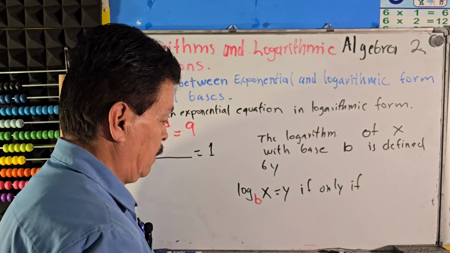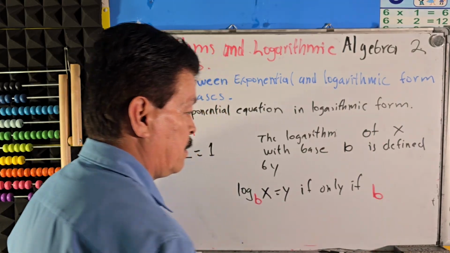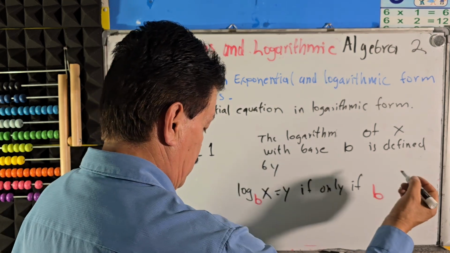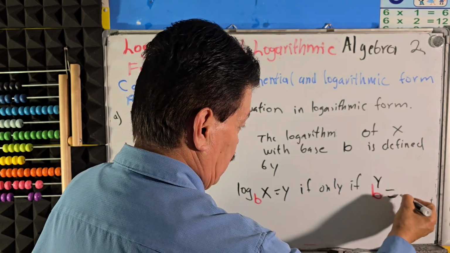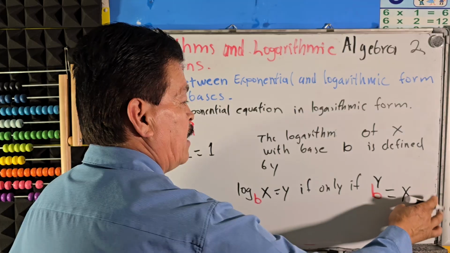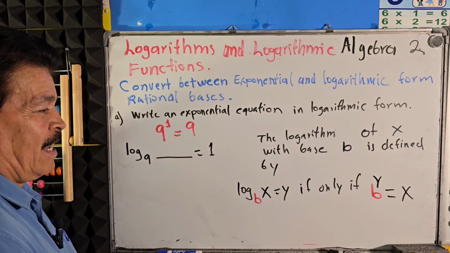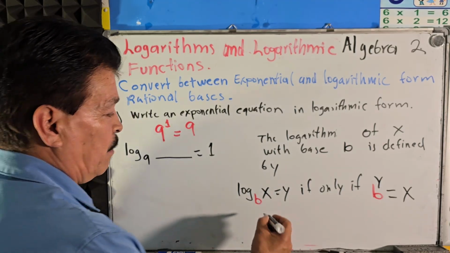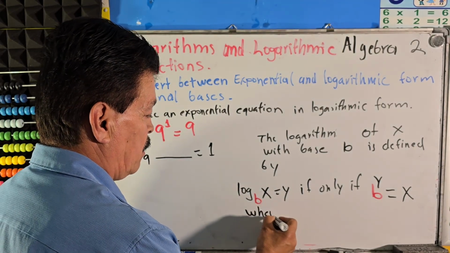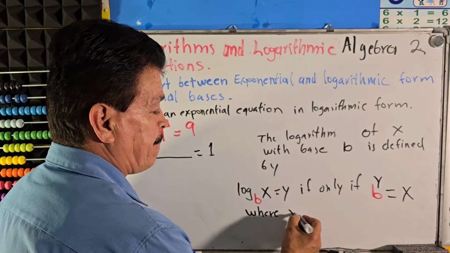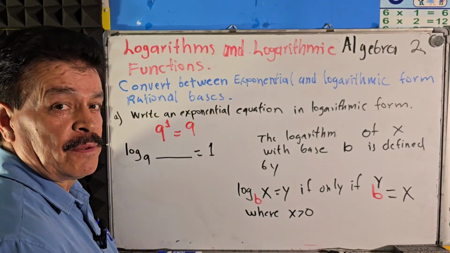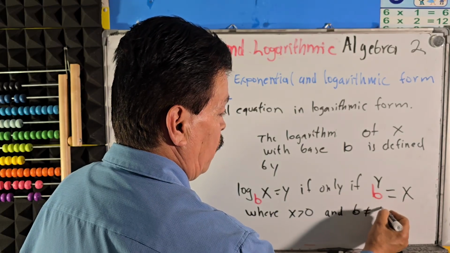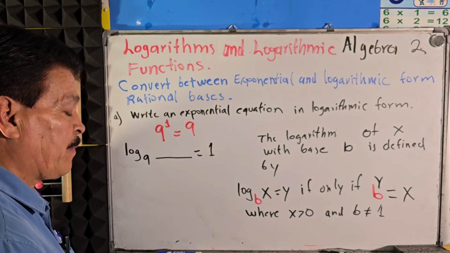b to the y power equals x. That's the formula, that's the main concept, where x is greater than 0 and b is different from 1.